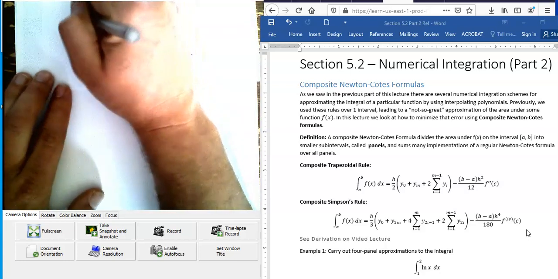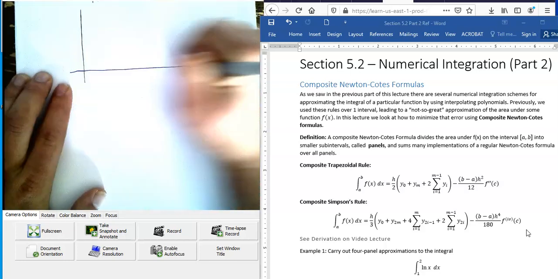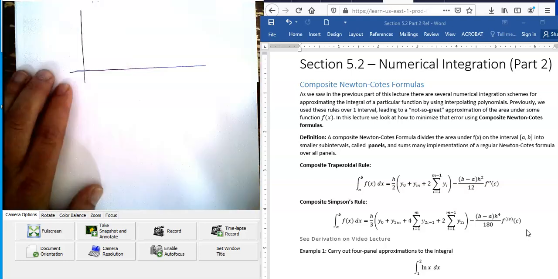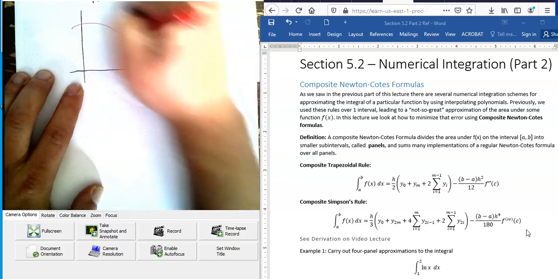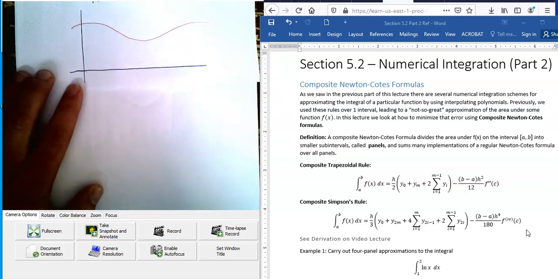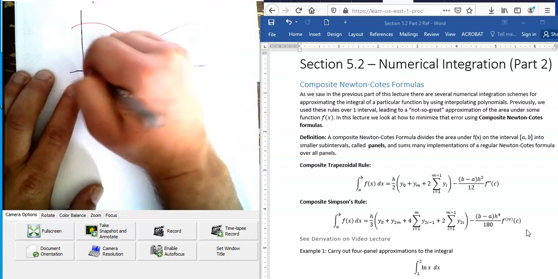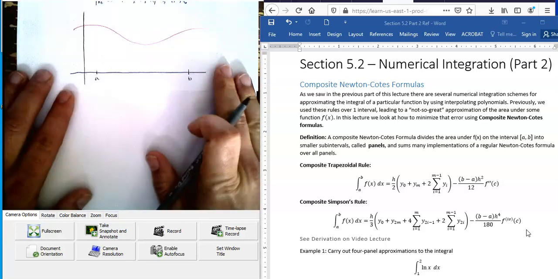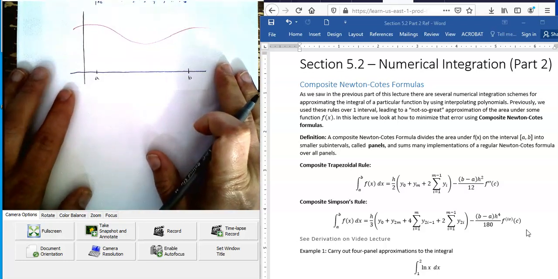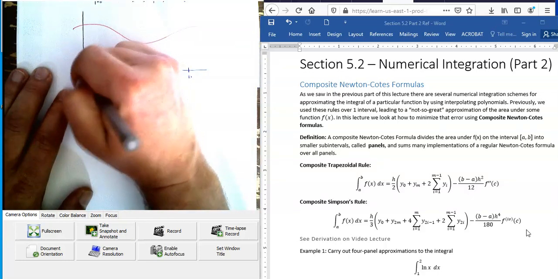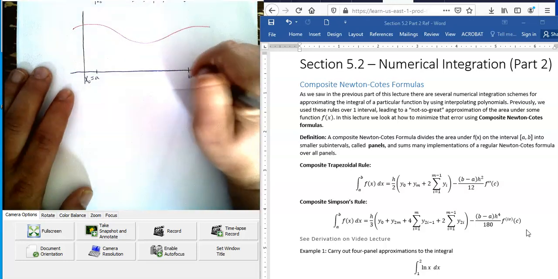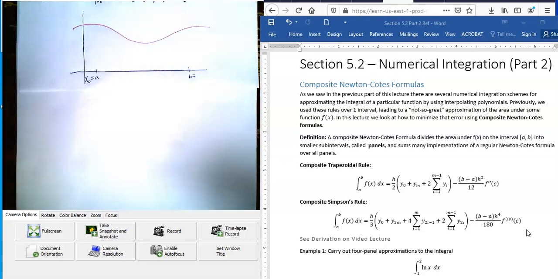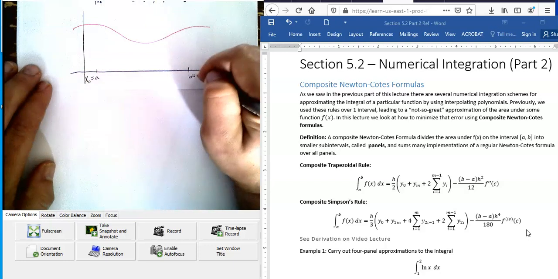So let's do it one more time. Let's say we're going from A to B, and let's call this x0.